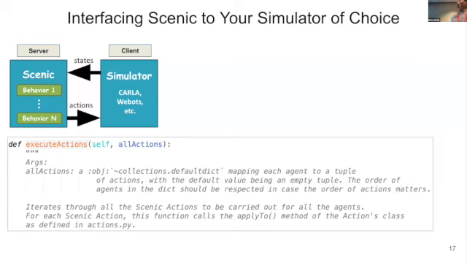And then execute actions is the part where, once you have that updated state, Scenic will internally update what action to take for each agent. This compiles all those actions per object to simulate. And then by executing the step function again, it executes all those actions for one simulation time step in your simulator.